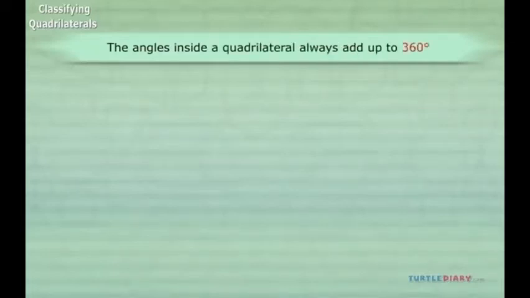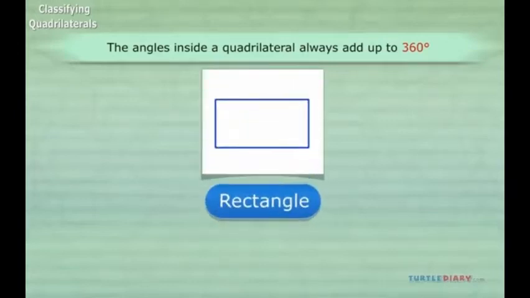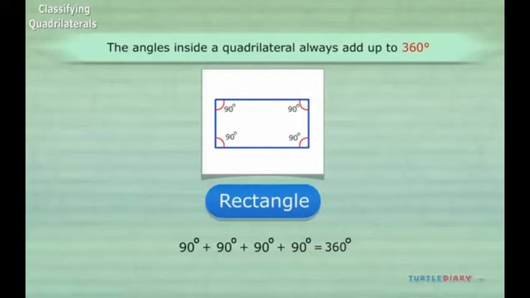The angles inside a quadrilateral always add up to 360 degrees. For example, in a rectangle, all 4 angles are 90 degrees. 90 degrees plus 90 degrees plus 90 degrees plus 90 degrees equals 360 degrees.